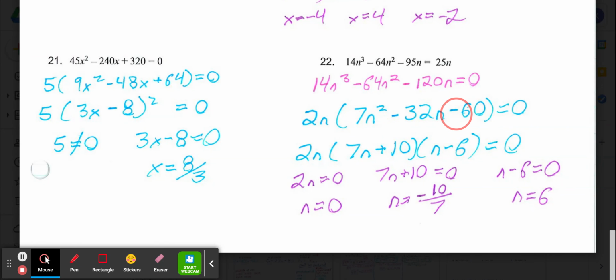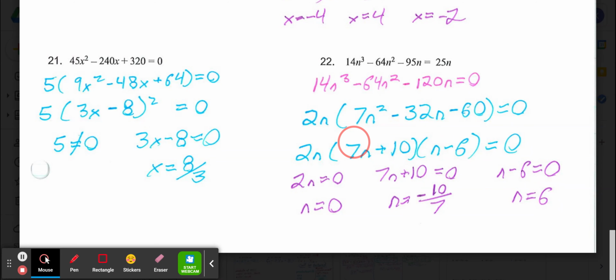We need something to multiply to be negative 60 and add to be negative 32. And our setup would be (7n plus 10) multiplied by (n minus 6). Because if we FOIL that, 7n times a negative 6 is a negative 42n. n times a positive 10 is a plus 10n, so negative 42 plus 10 gives me the negative 32n I need in the middle.